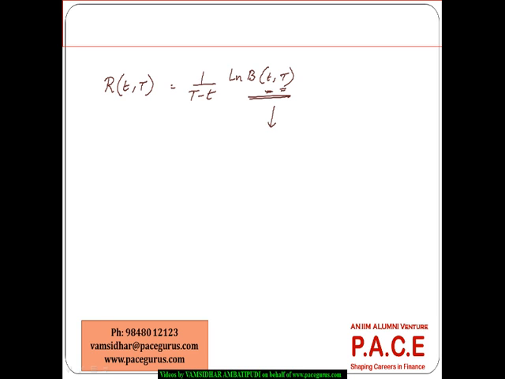So if something is invested at time period t, it is going to become 1 at the end of the time period capital T.